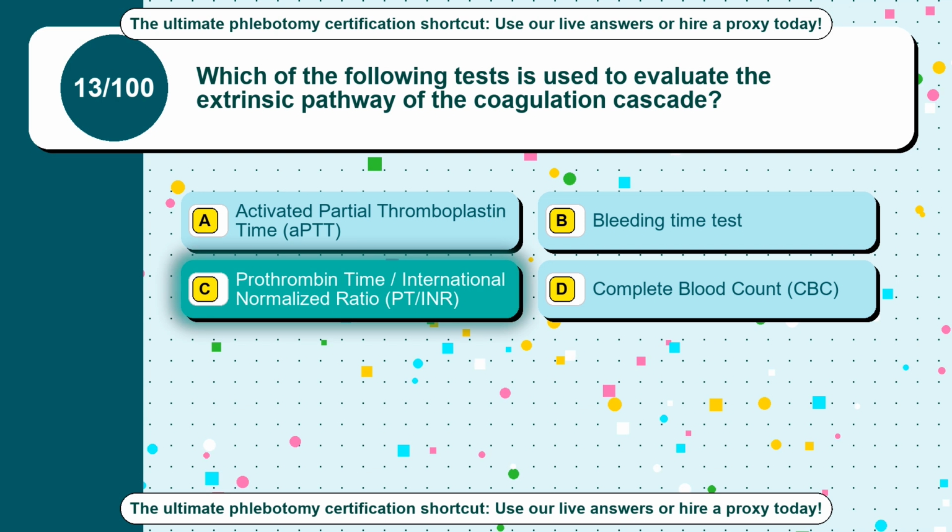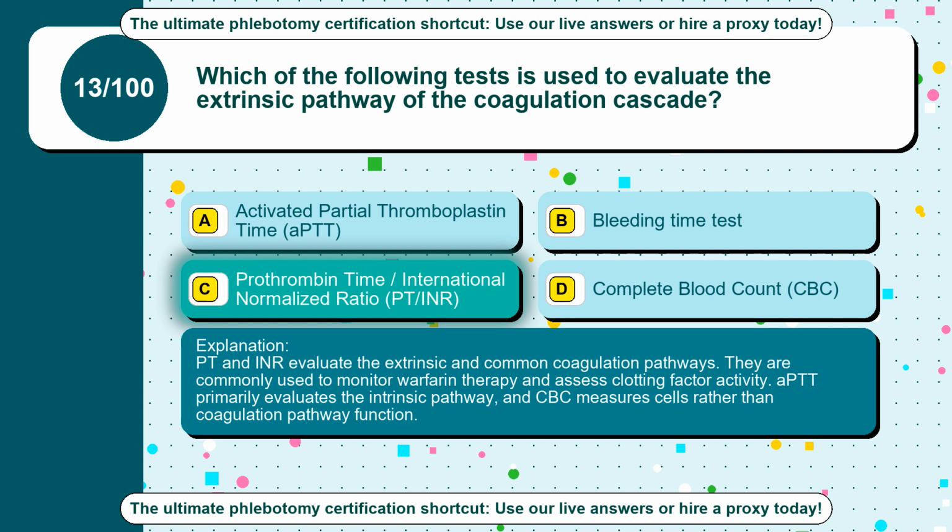The correct answer is option C. Prothrombin time / international normalized ratio, PT/INR. PT and INR evaluate the extrinsic and common coagulation pathways. They are commonly used to monitor warfarin therapy and assess clotting factor activity. APTT primarily evaluates the intrinsic pathway, and CBC measures cells rather than coagulation pathway function.